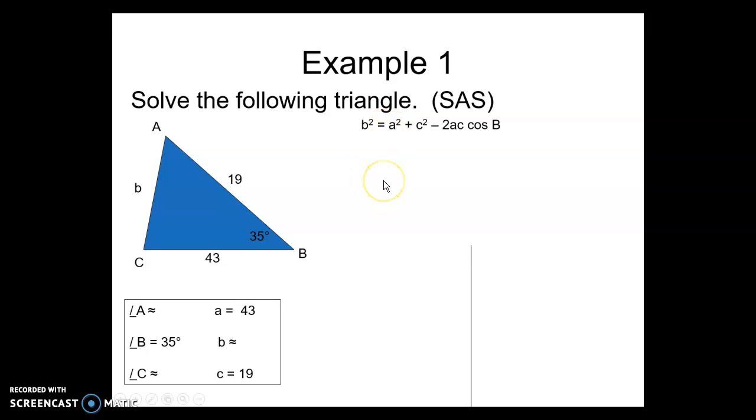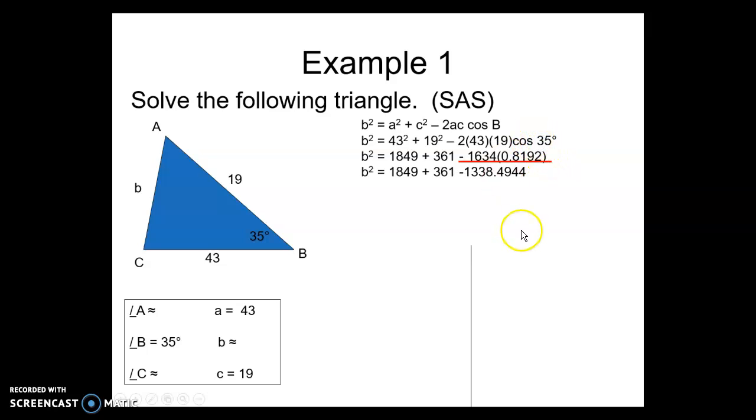Just plug in A and C. If you mix up A and C, it's not a big deal, but remember the side is opposite its corresponding letter. Plug all that into your calculator, and for accuracy's sake, if you don't want to type all of this in at once, which personally I would do, you can type in cosine of 35 first, using 4 digits.